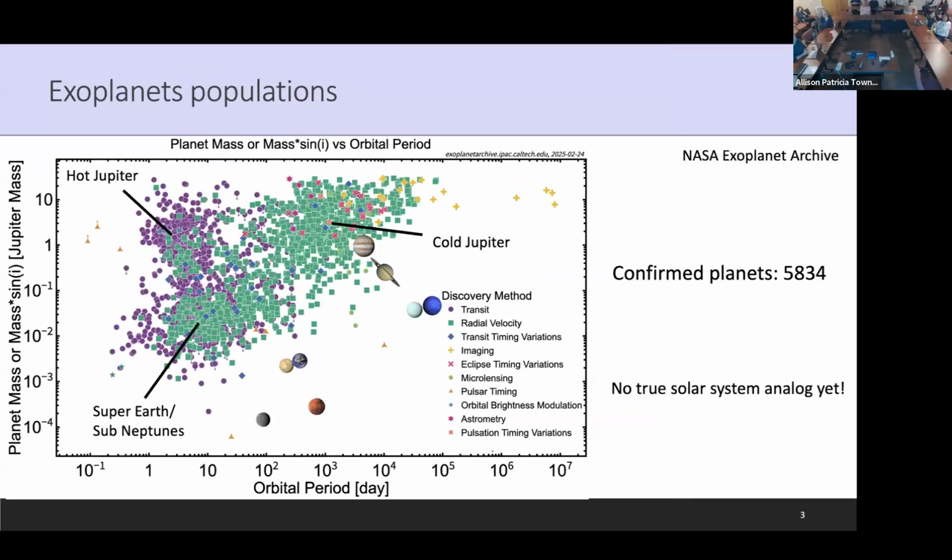You can see we can only detect the most massive ones, or small ones but close in, within 10 days to 100 days. So we still don't know what's going on out here. Yes, there is observational bias.